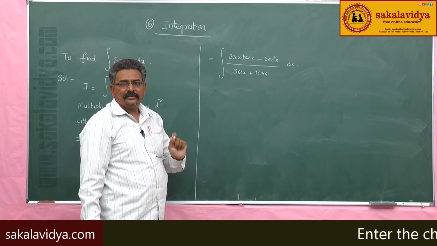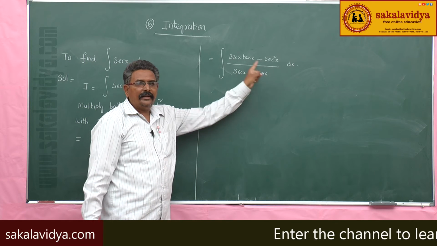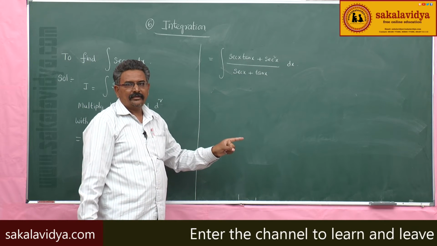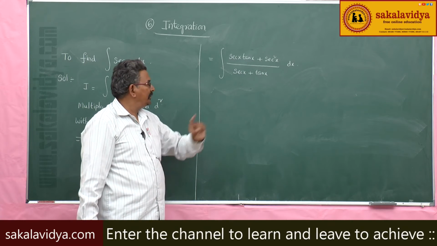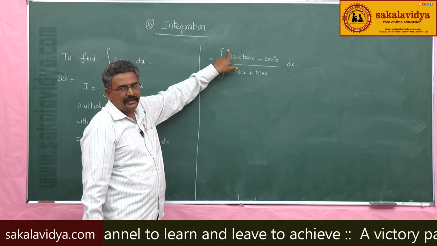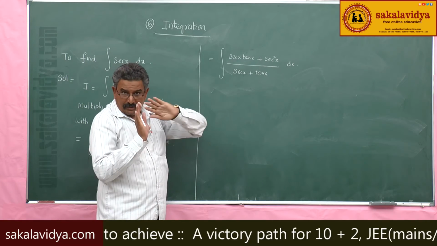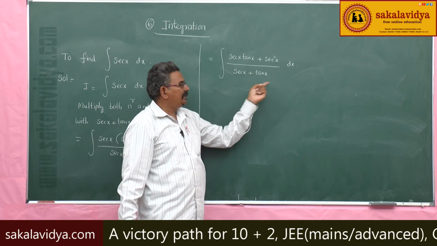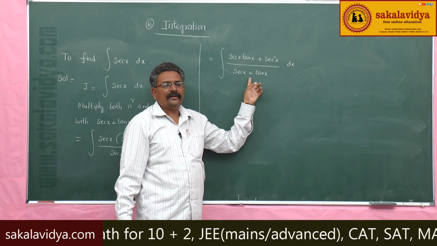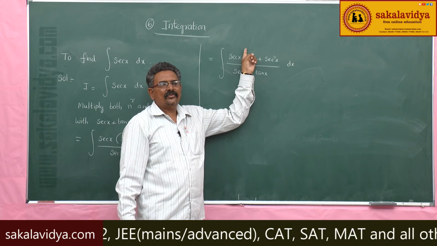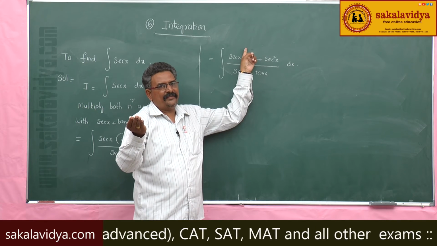Let us observe what is the derivative of the denominator. The derivative of the denominator is secant x derivative is secant x tan x plus tan x derivative is secant square x. Suppose if you say secant x plus tan x is equal to f of x, the numerator, quite obvious that numerator becomes f dash x.